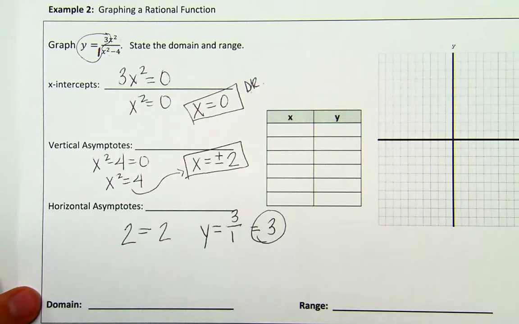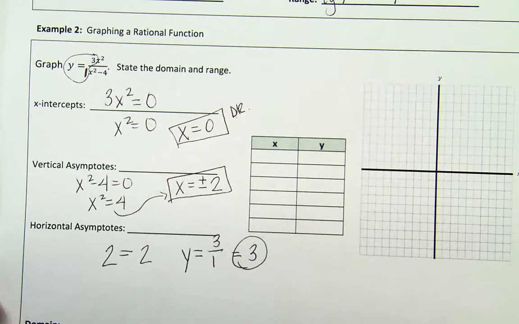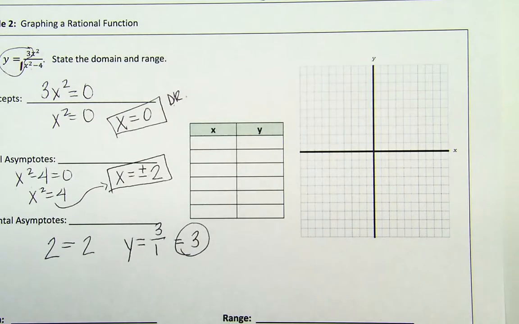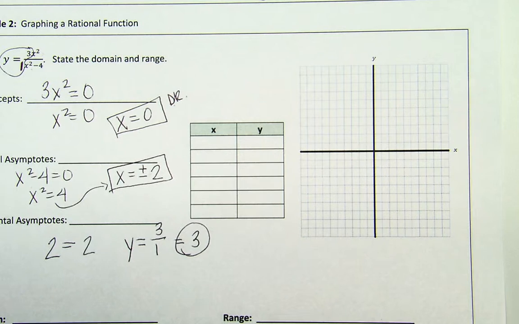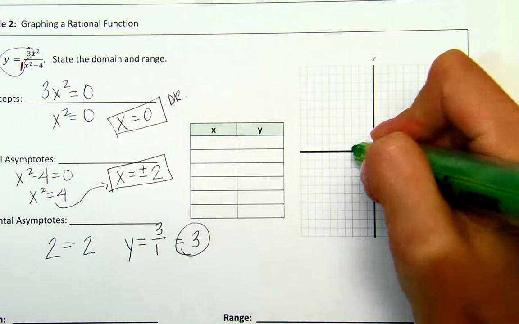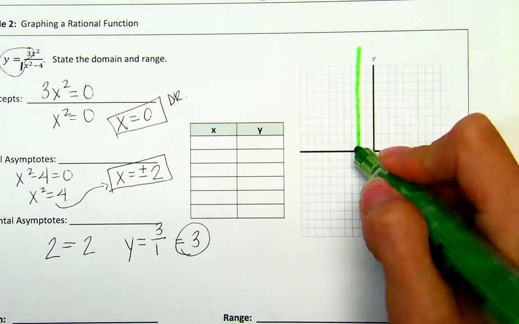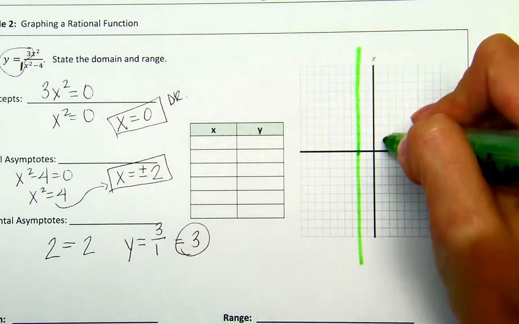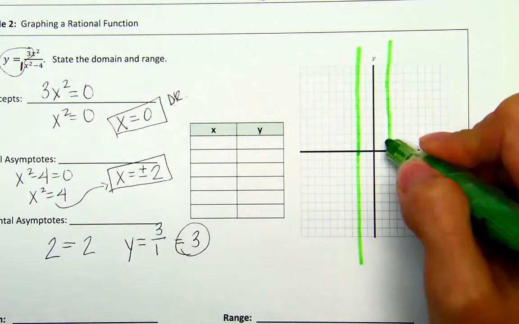At this point, before I move on, I just want to set up a light sketch of my horizontal and vertical asymptotes. Negative 2 is one of my vertical asymptotes. Positive 2 is going to be the other vertical asymptote.